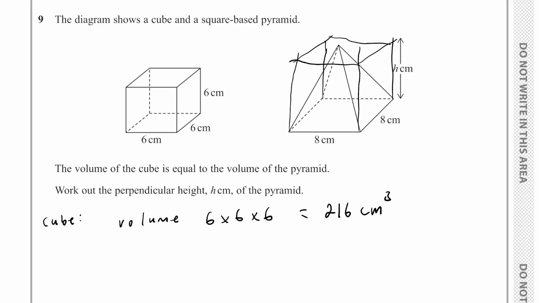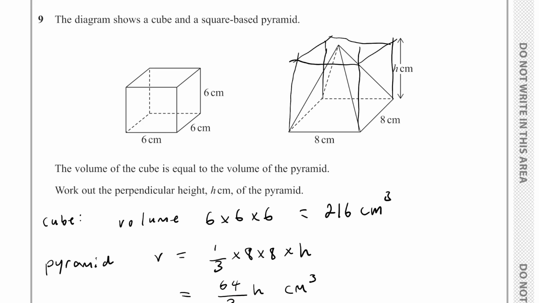So for the pyramid, the volume is 1/3 of 8 times 8 times h. So that is going to be 64 over 3 h centimeters cubed.